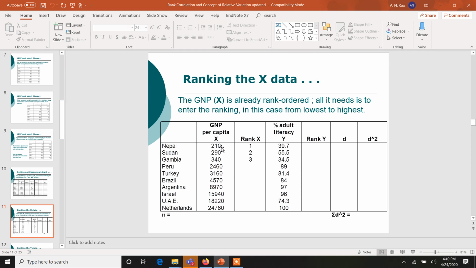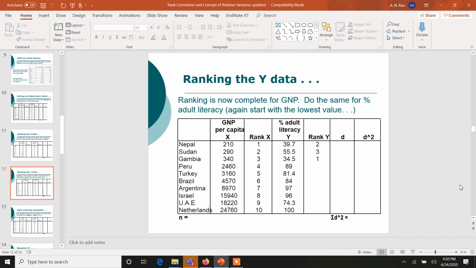So follow either ascending or descending for both X and Y. So if I see 210 is the lowest value in X, I call it 1. The next one is 290, I call it 2, and so on. That's how the rank of X will be assigned.